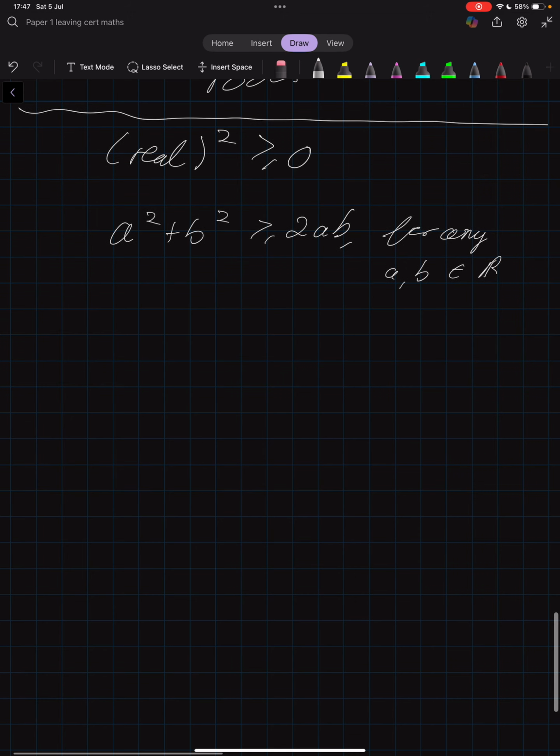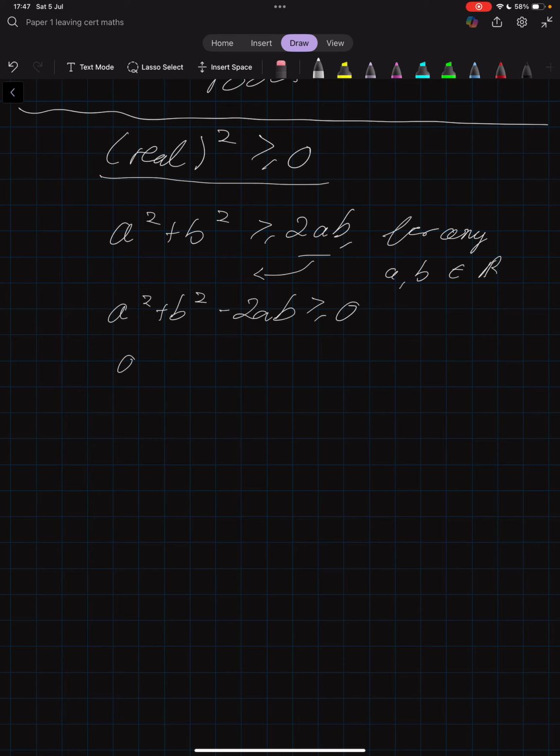So what you do is, you want it to look something like this. First of all, I'm going to bring this over to the left-hand side. So I'm going to get a squared plus b squared minus 2ab is greater than or equal to 0. Now I'm just going to rearrange it a little bit. So it's a squared minus 2ab plus b squared is greater than or equal to 0.